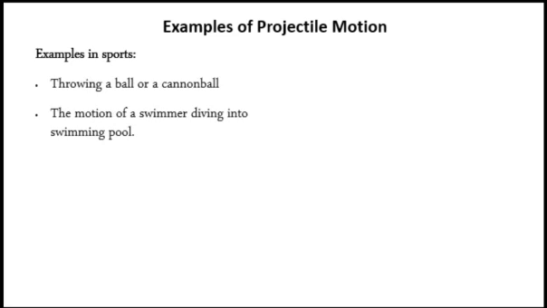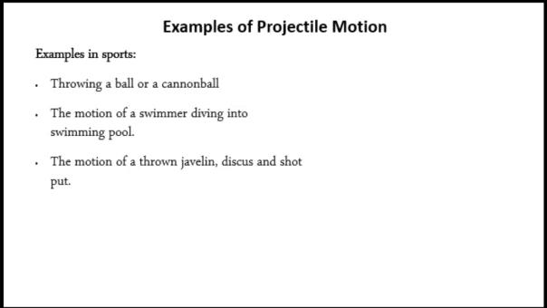Okay, we have examples in sport and in warfare. So let's look at some examples in sport. But before that, all the motion of balls in sports follow projectile motion. Your shot put, discus, table tennis, lawn tennis, football, volleyball, and so on, they all follow projectile motion, like throwing of ball, motion of diver, swimmer diving into swimming pool.